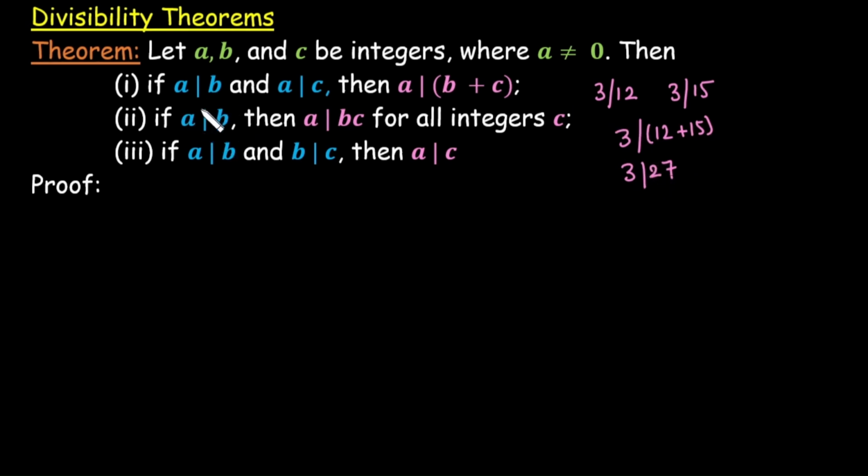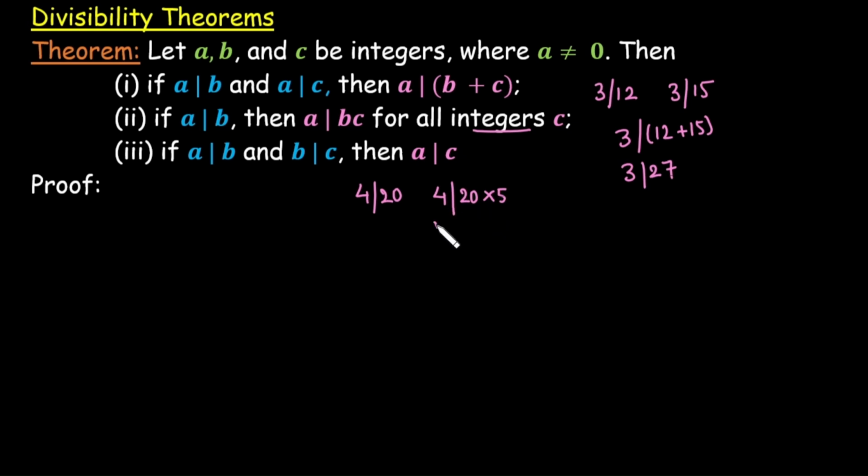On the other hand, if A divides B, then A also divides B times any number C, where the number is an integer. For example, 4 divides 20, that is equal to 5. Now, if we multiply this by 5, is this applicable?